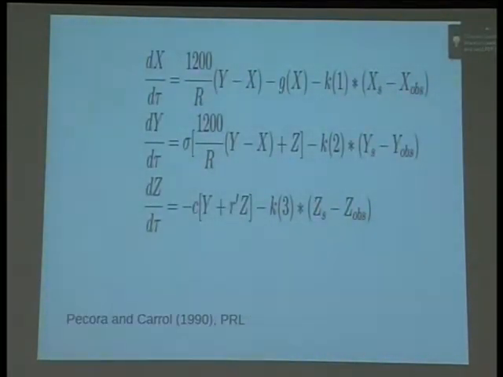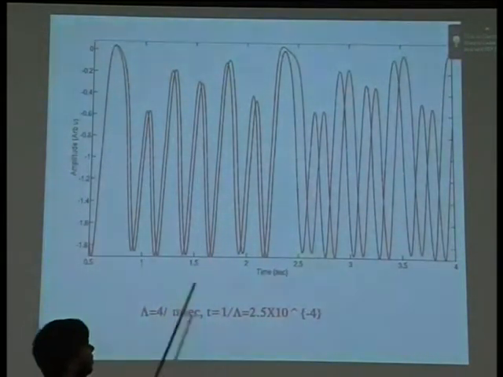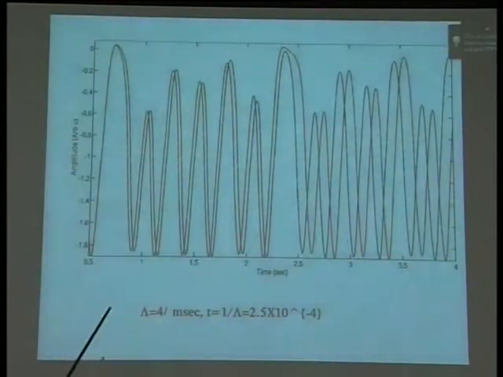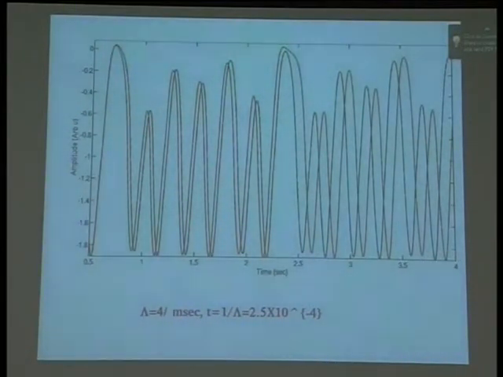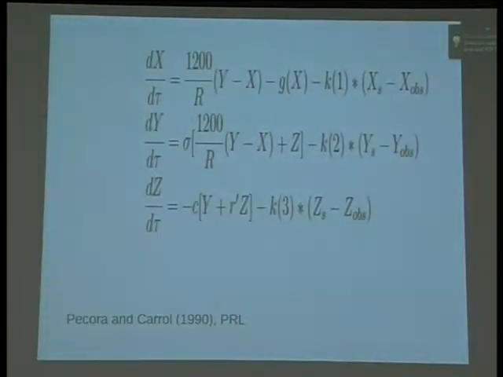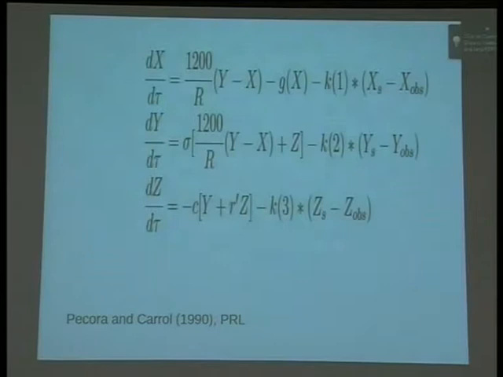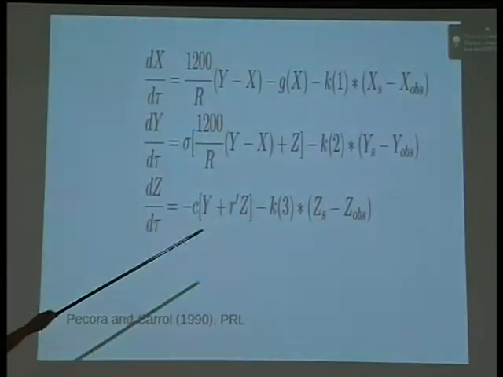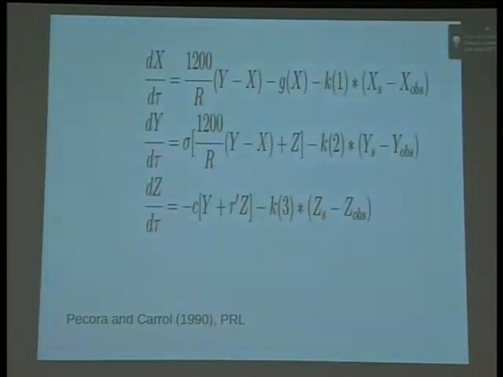So the idea is how we can force the system so that they will not diverge from each other. The idea is synchronization. This was first given by Pecora and Carroll in this paper: if we add feedback, with each term or even for one variable, the systems will synchronize with each other.